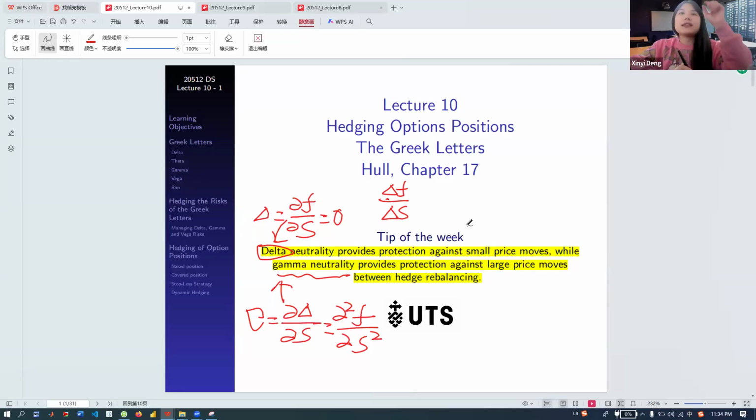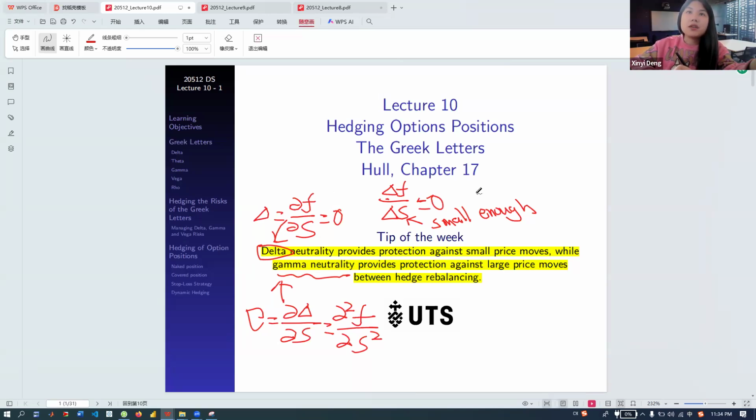Approximately, if delta S is small enough, since this derivative is 0, this fraction composed of the differences in F and S is also going to be approximately equal to that derivative, which is 0.